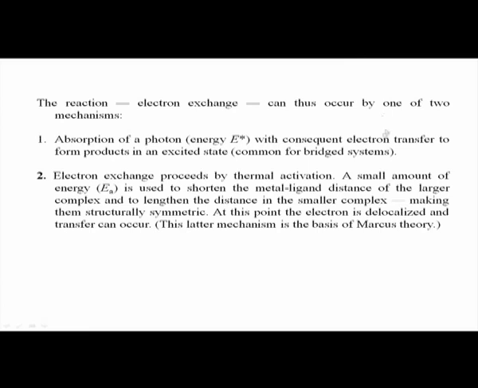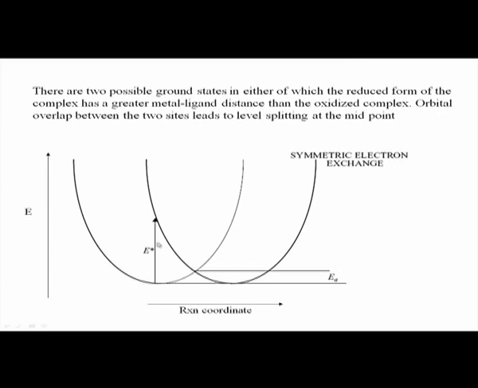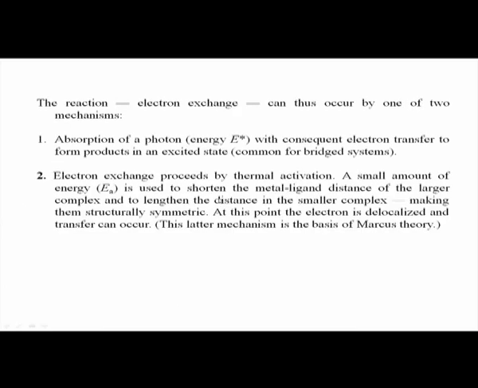As I told you, E star means the amount of energy that may be supplied by a photon, or maybe by a second means. So, absorption of a photon, that is energy E star, with a consequent electron transfer to form the products in an excited state, is common to the bridge system.